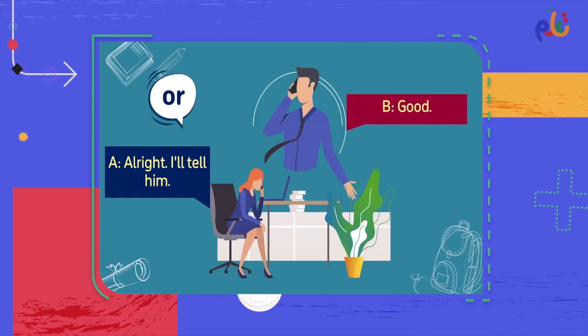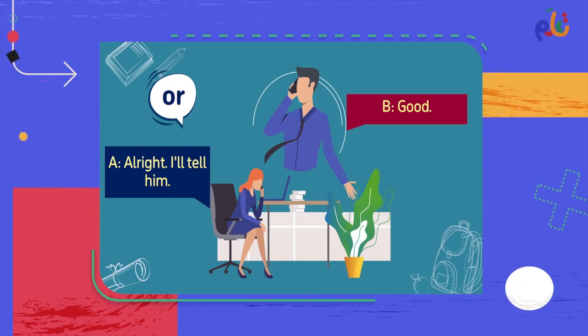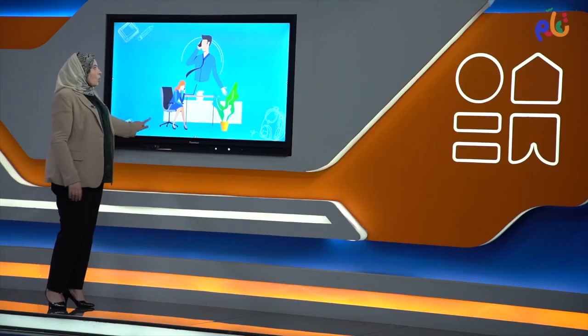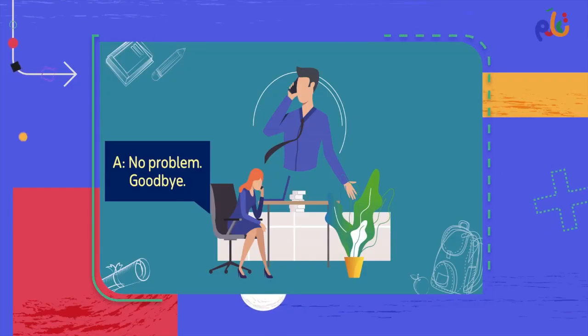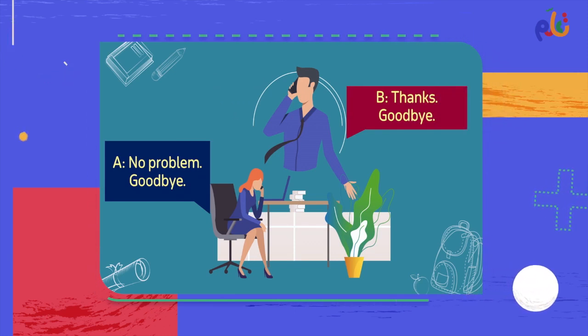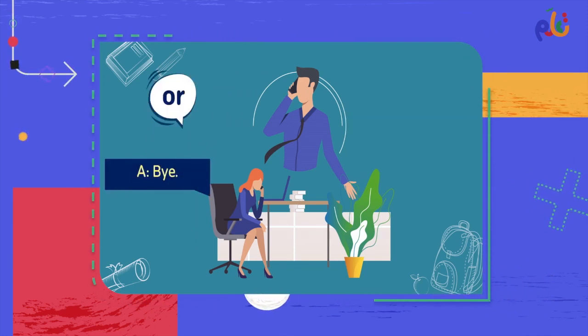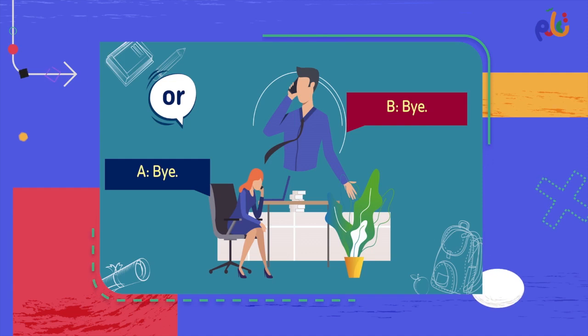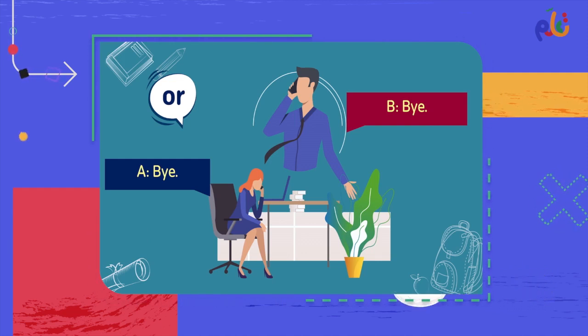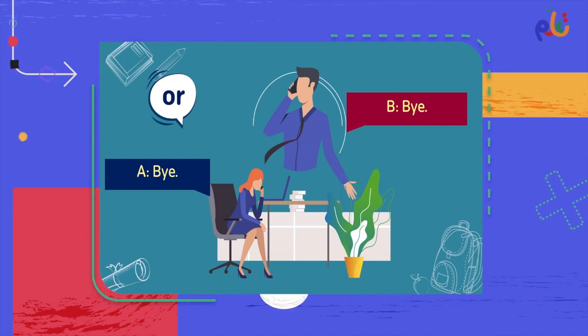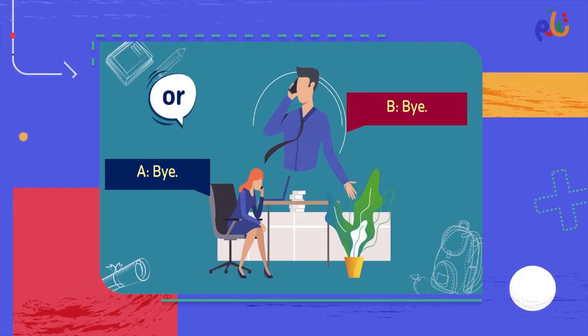So it's not very nice to say, all right, I'll tell him. It's okay, I will give him the message, or I will tell him the phone number. So, no problem, goodbye, thanks, goodbye, or bye, bye. Which is nicer? So it's nicer to end the phone call with thanks and goodbyes.